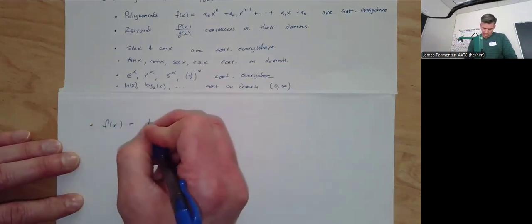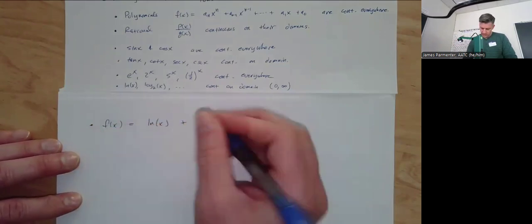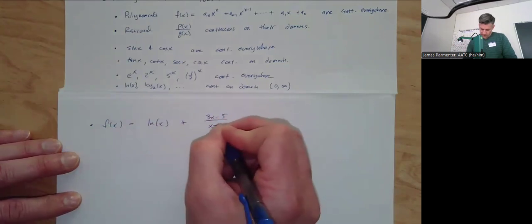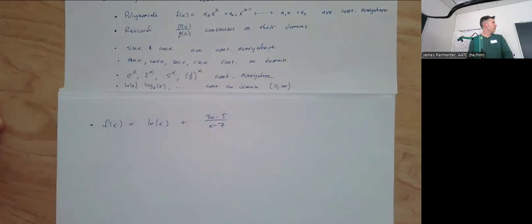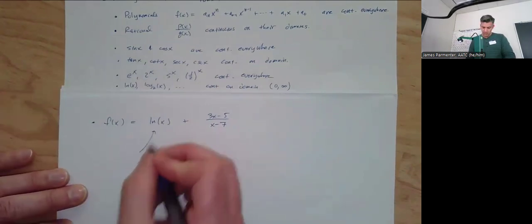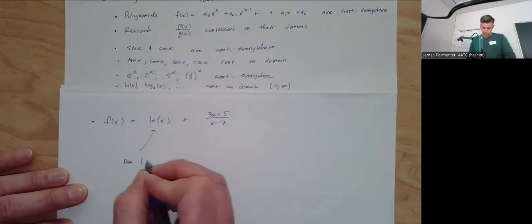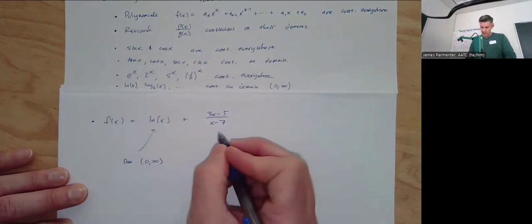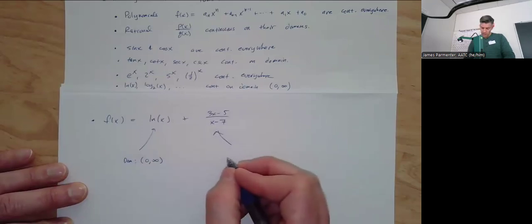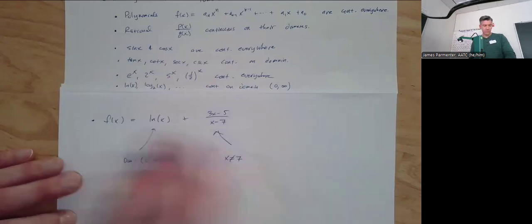say the natural log of x plus 3x minus 5 over x minus 7. Well, I know that the natural log function is continuous on its domain, and its domain is positive numbers. And this piece I'm adding here, we just can't have x equal to 7.